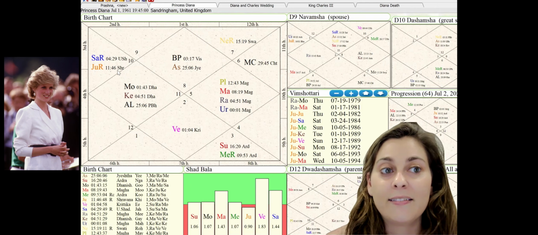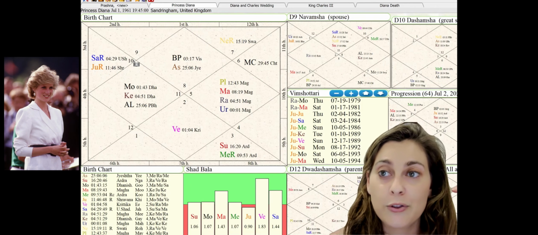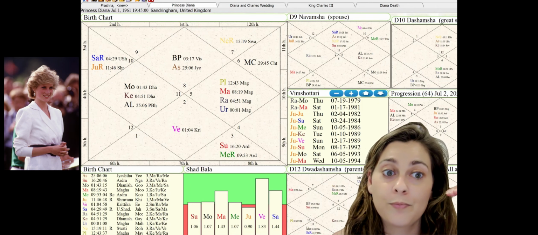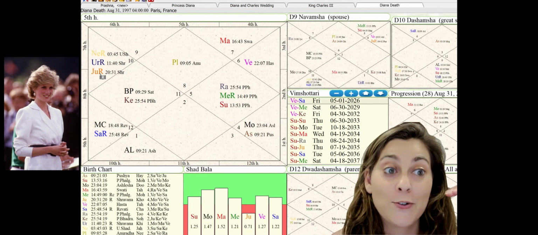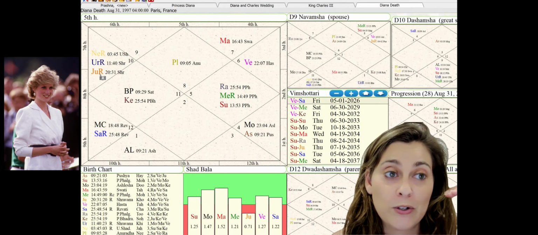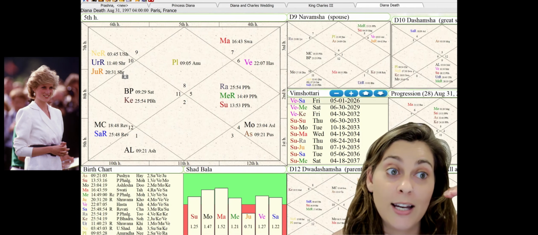So she has natally Jupiter retrograde Shravana, Capricorn in her 3rd house, and she has Saturn retrograde Capricorn, Uttara Ashada, 4 degrees. On the day she died, she was in a Jupiter return. Jupiter was also retrograde, just like her natal Jupiter is retrograde in Shravana.